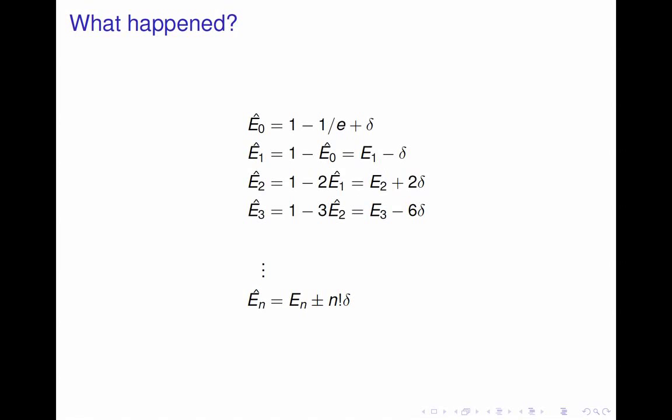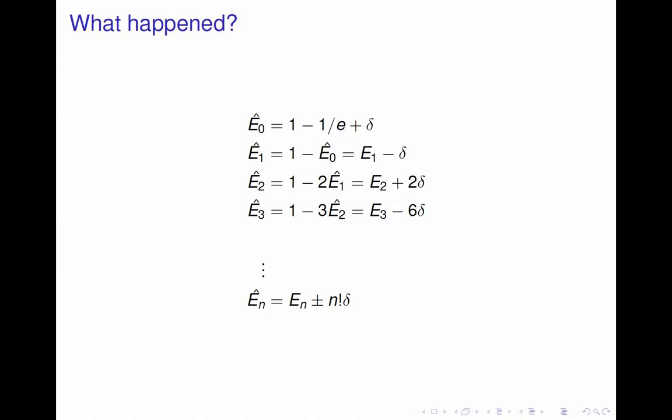plus delta. And then I compute e hat 1, and that ends up having an error of minus delta. When I compute e hat 2, that ends up having an error of 2 times delta. When I compute e hat 3, that has an error of 3 times 2 times delta. And in general, when I compute e hat n, it has an error of plus or minus n factorial times delta.